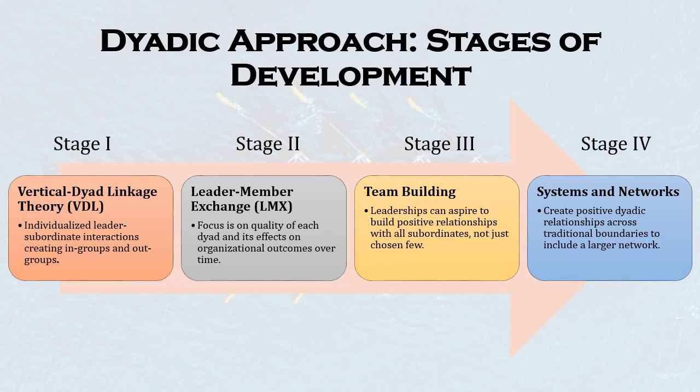In the first stage, we have vertical dyad linkage theory. In the second stage of the research, leader member exchange theory was developed. In the third stage, the researchers talked about team building, and in the fourth stage, the researchers talked about systems and networks.